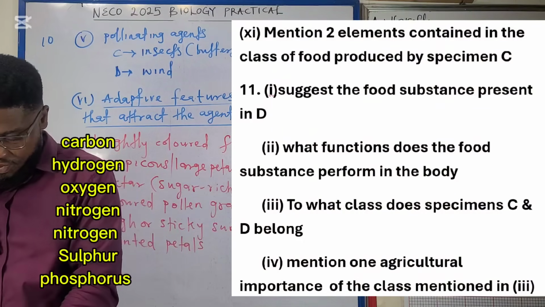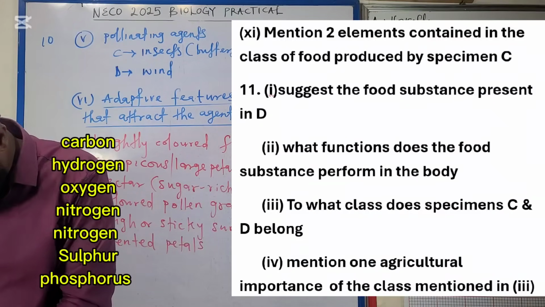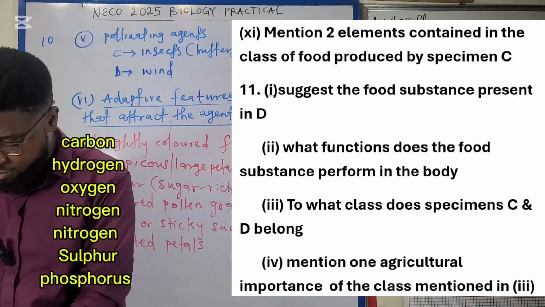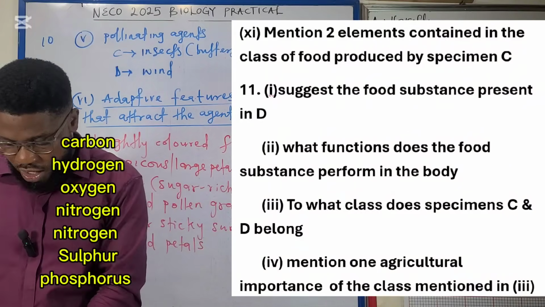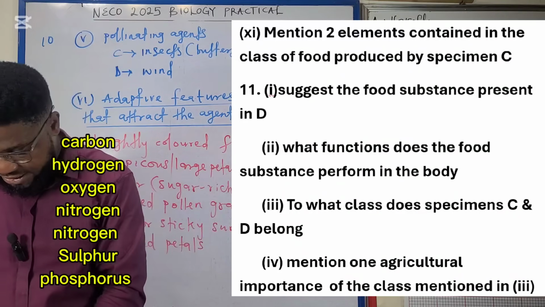The answer is very simple. The class of food is protein, and the elements there are carbon, hydrogen, oxygen, nitrogen, sulfur, or phosphorus. Just mention any two elements, and that just about ends that.